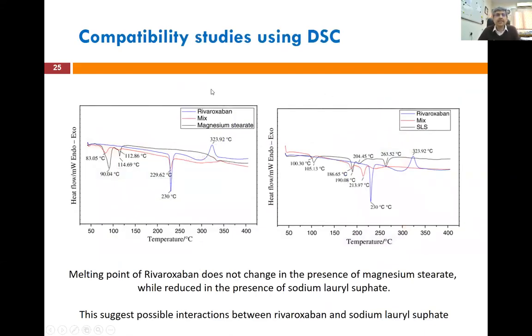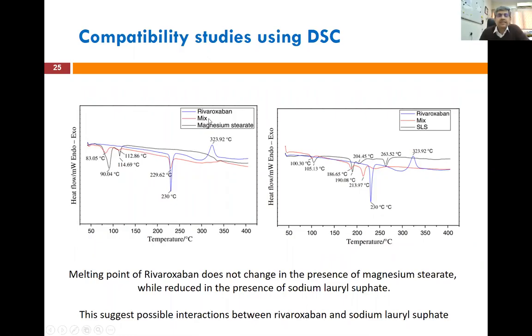Another very important application of the DSC in formulation development is to carry out compatibility studies between the drug and the excipient. Here is an example of compatibility studies of rivaroxaban, and we have taken two excipients here, magnesium stearate and sodium lauryl sulfate. Rivaroxaban and magnesium stearate were mixed together and the signals in the DSC were recorded. Blue is the heating curve for rivaroxaban alone.